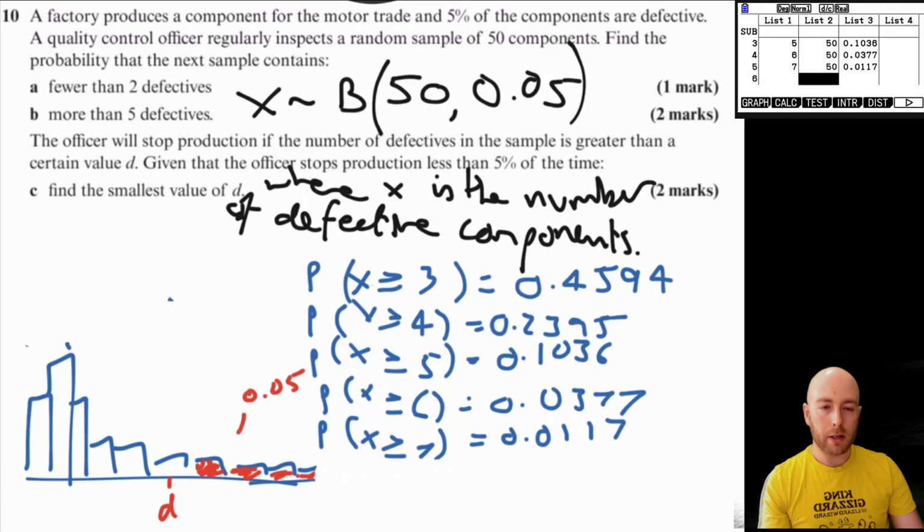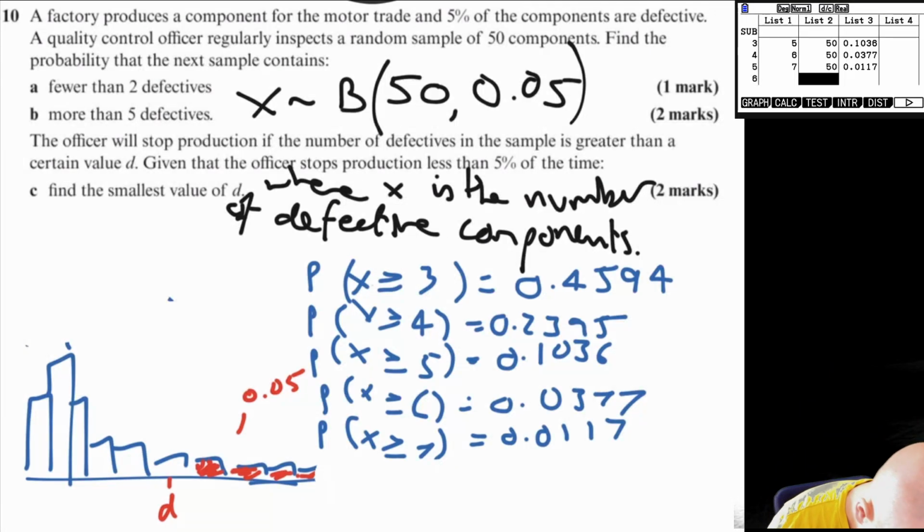Okay, remember we're talking about greater than. So greater than or equal to 3 is going to be greater than 2. Greater than or equal to 4 is greater than 3. Greater than 4. We can go through all of these.